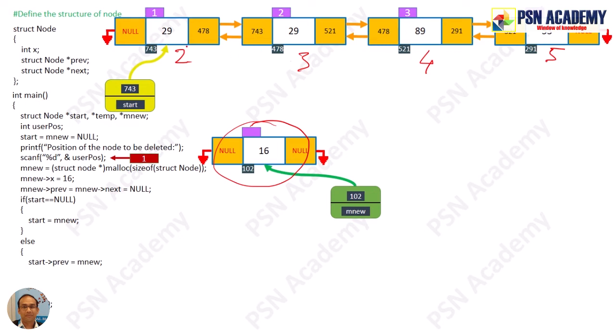So if this is the second node and this is the first node, then of course this start PREV, that means this pointer, will be pointing to this 102. So this null has been replaced with 102 and the null pointer vanishes and it starts pointing to the node at 102. That means the PREV pointer of the node at 743 is now pointing to the node at 102.